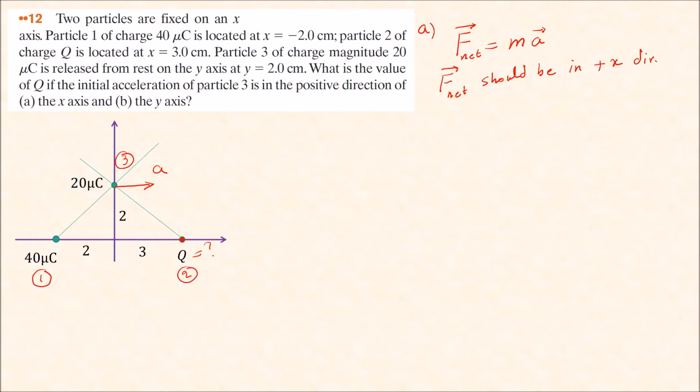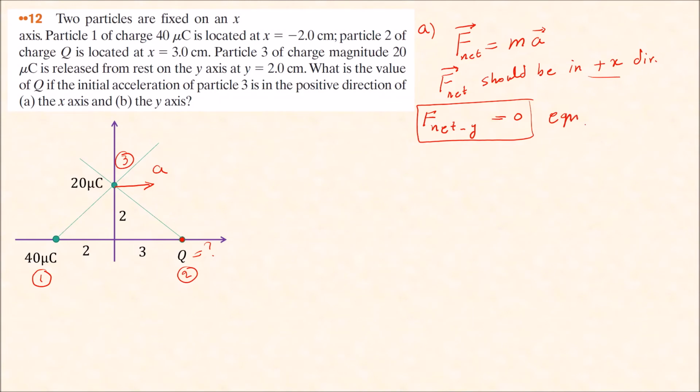So in order to use that, F net y should be equal to 0, right? Saying F net is in the x direction is the same as saying the y component of F net is 0. So that is the condition. You see, we need an equation to find a quantity.